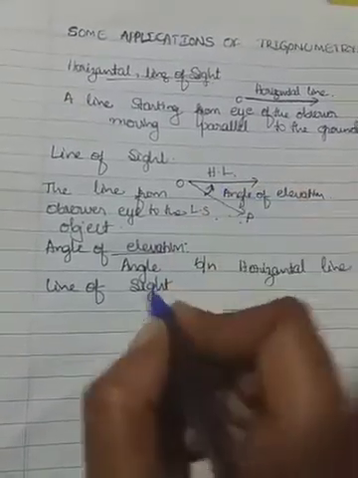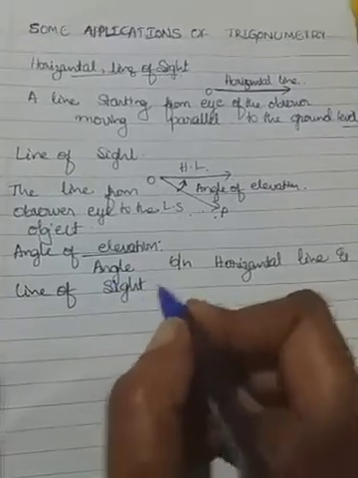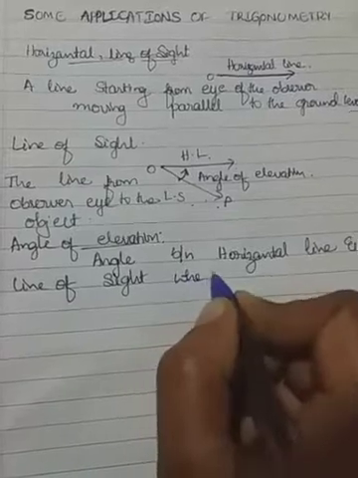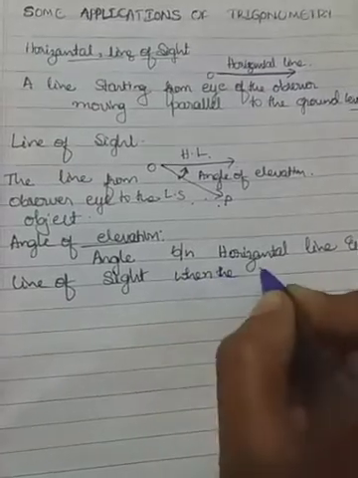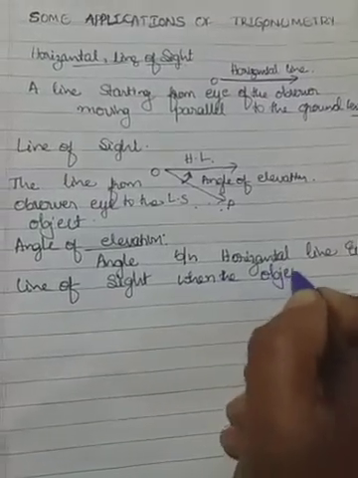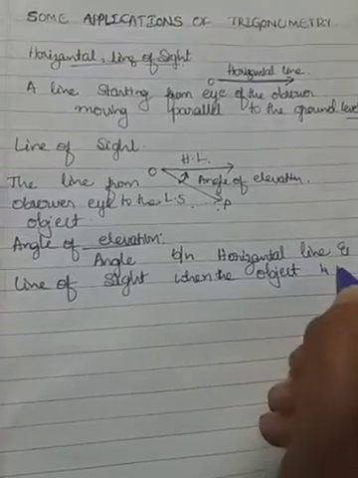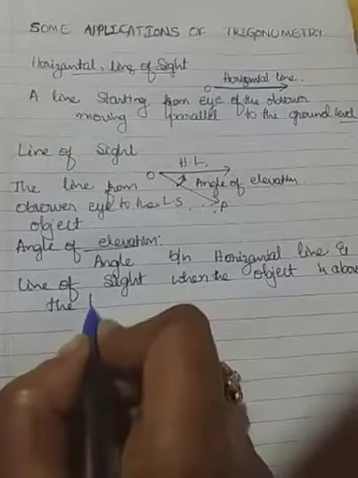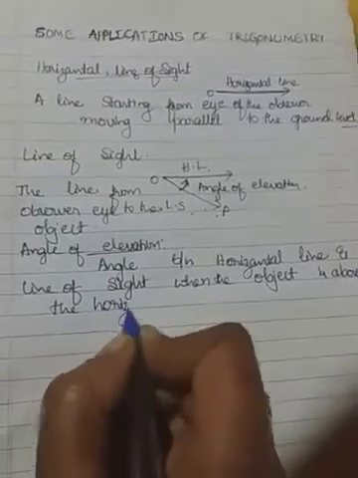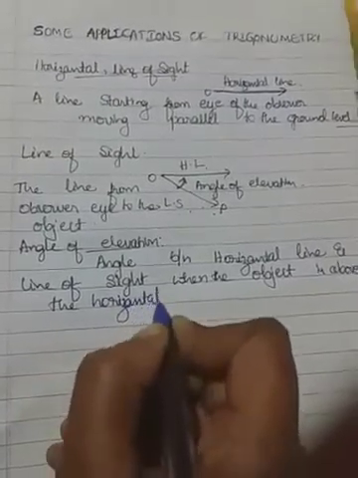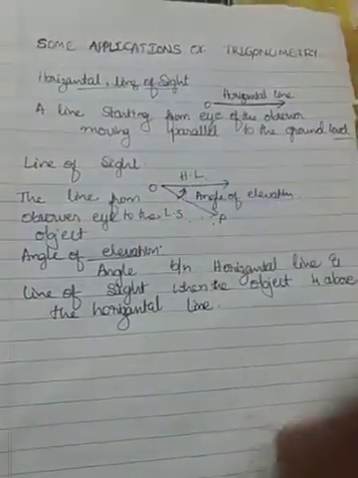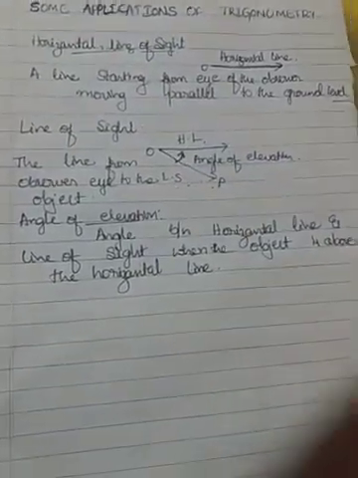This angle is formed when the object is above the horizontal line. Note down the definition: when the object is above the horizontal line, this is called the angle of elevation. Hope you will understand the angle of elevation.